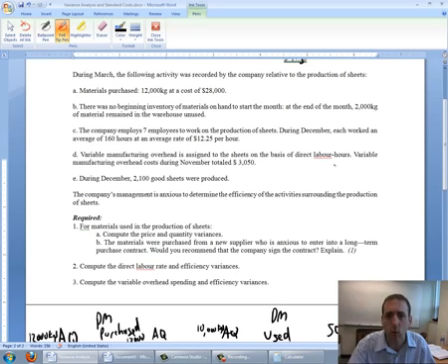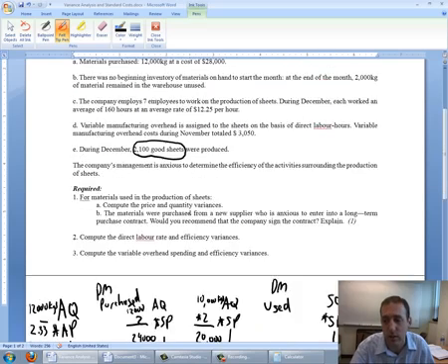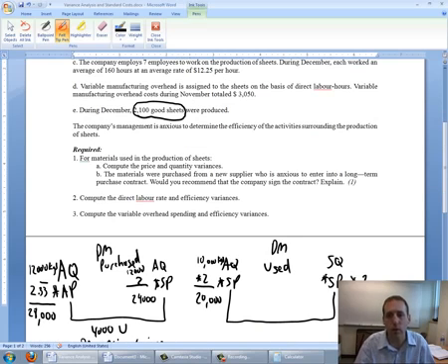So, what was my actual output? I haven't actually read the whole question. It talks about materials here in A and B, C talks about labor, D overhead, and then E. During December, 2,100, not 1,000, good sheets were produced. So we made 2,100 units. Given that I made 2,100 units, how much material should that have taken?